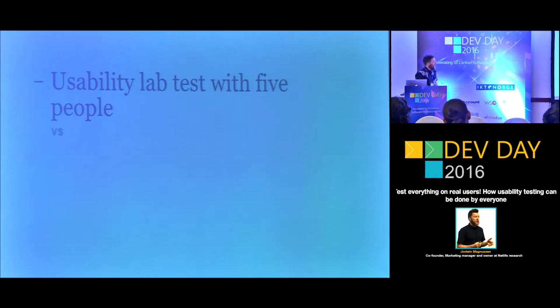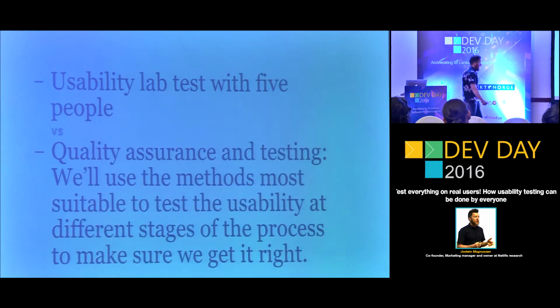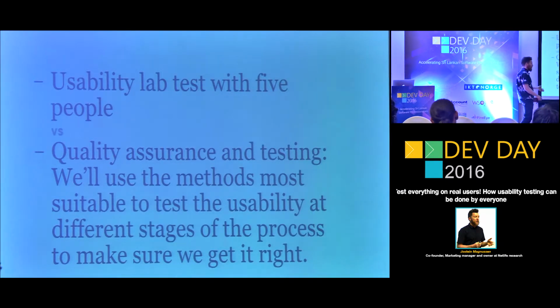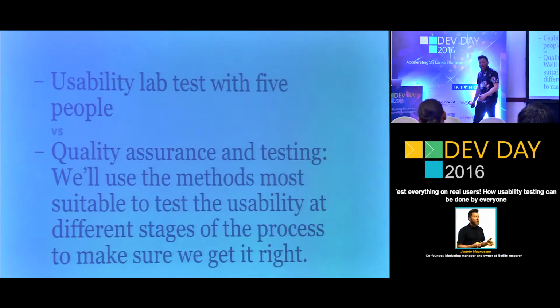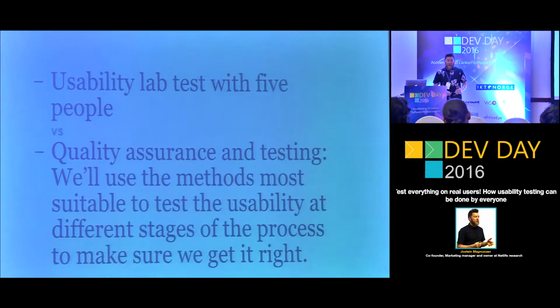But if you say that we need an activity called quality assurance and testing, and we'll use the methods most suitable to test the usability at different stages of the process to make sure we get it right, then the people actually paying for this product would better understand that we want to get it right, so this sounds like a sound activity to have.